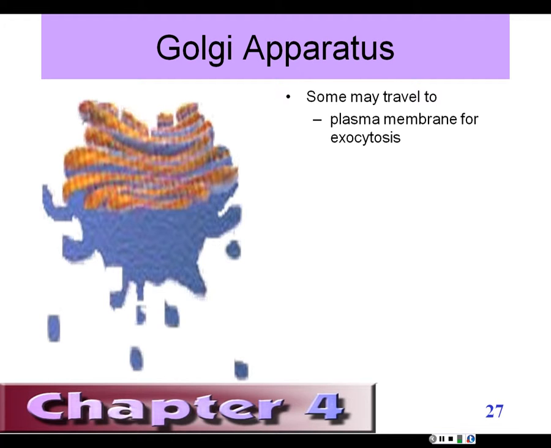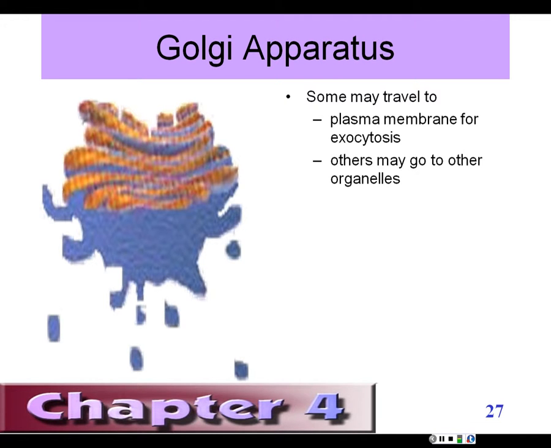So whatever's inside, that vesicle is actually going to go fuse with the membrane and release the contents. Okay? Because we know that proteins are what? Too big to fit between the phospholipids. So they have to be packaged in a vesicle in order to get outside of the membrane.